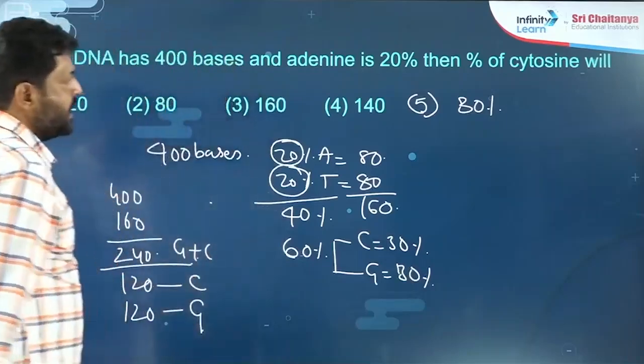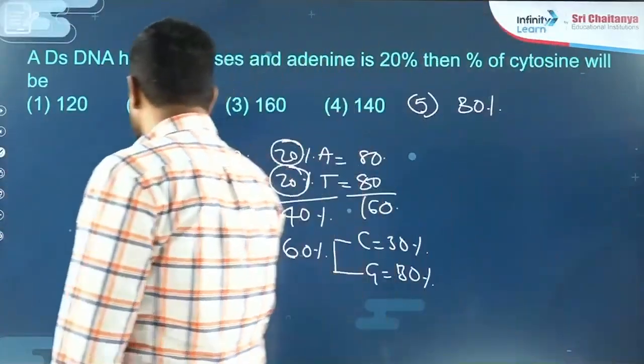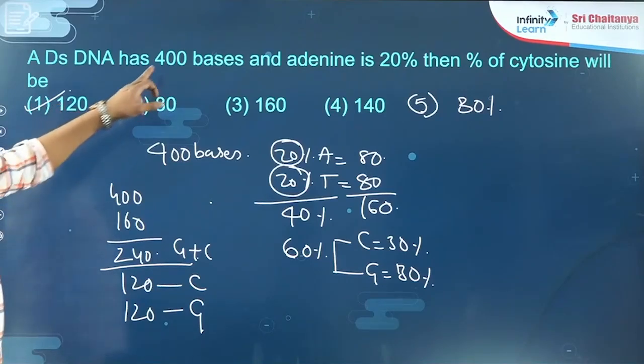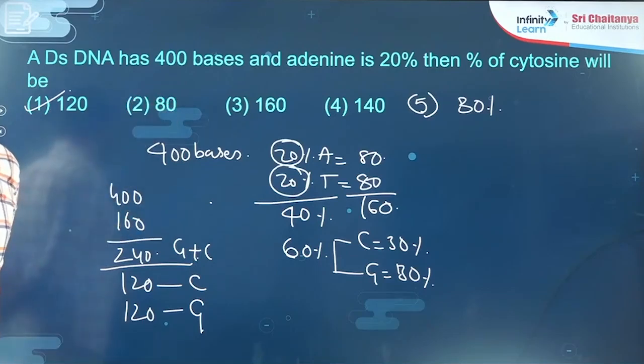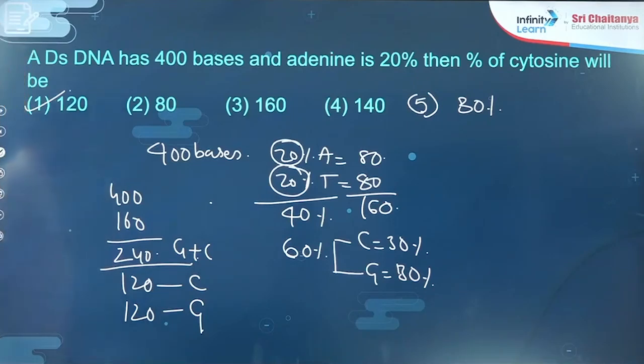If he is asking about the number of cytosines, then 120 is correct. If he is asking about the percentage of cytosines, 30% will be the correct option. Are you getting me? 120 out of 400 will be 30%. The question is different and the given options are different.